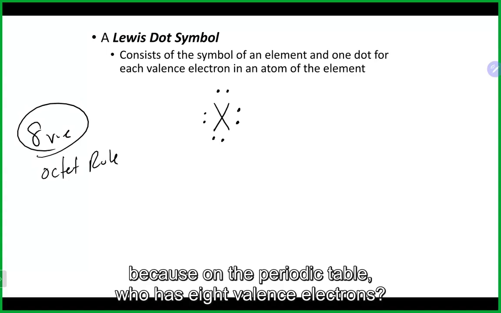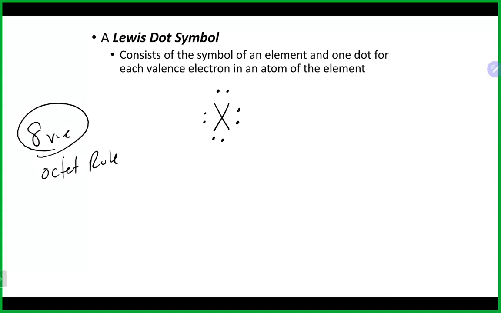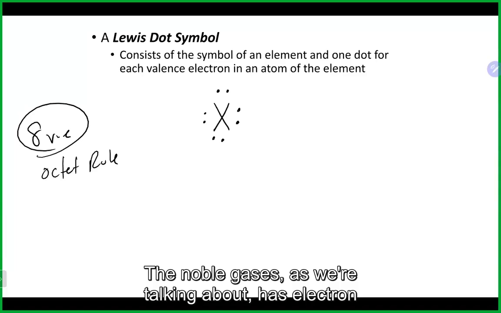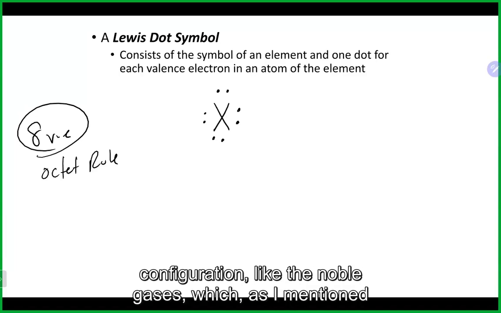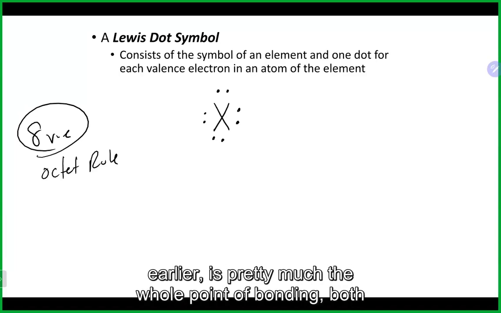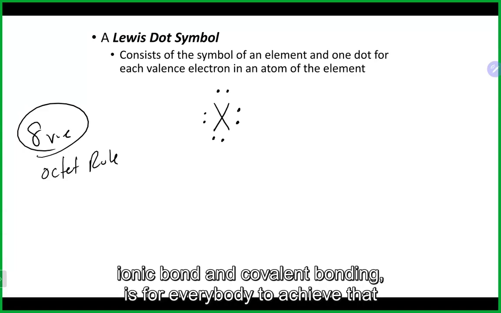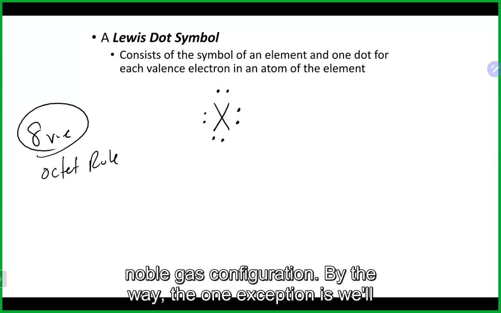Because on the periodic table, who has 8 valence electrons? The noble gases, as we were talking about with electron configuration. That will put everybody in that electron configuration like the noble gases, which, as I mentioned earlier, is pretty much the whole point of bonding, both ionic bonding and covalent bonding, for everybody to achieve that noble gas configuration.